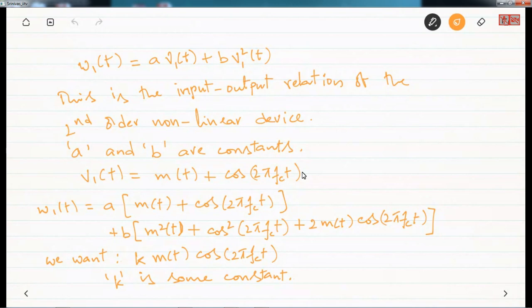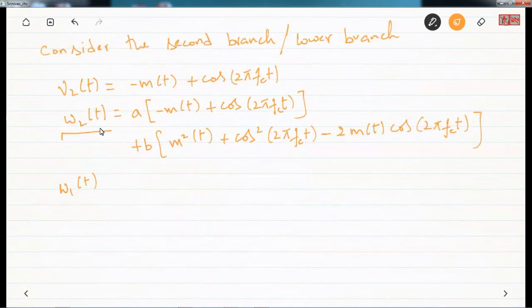Now we have w2 of t, which is this equation, and let's do w1 of t minus w2 of t. So what will that be? That will be 2a m of t, right?